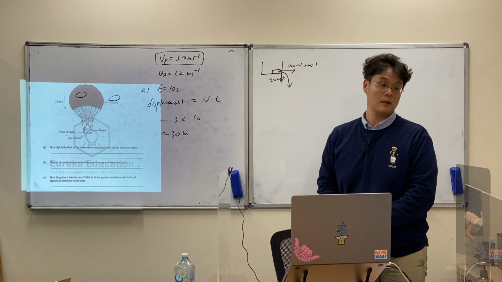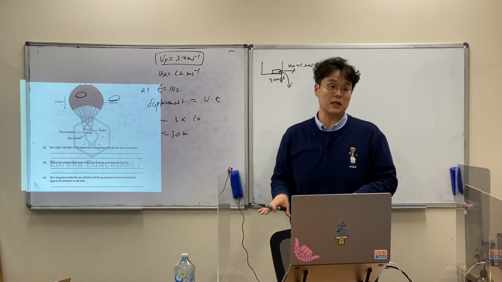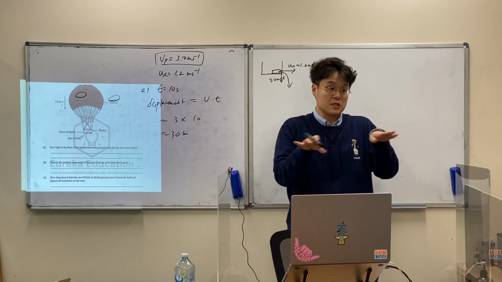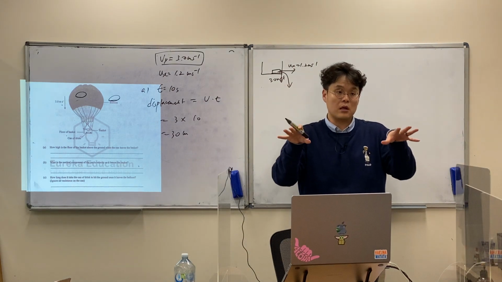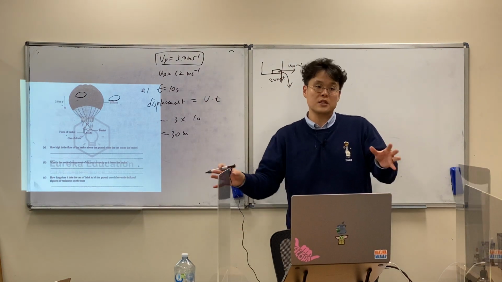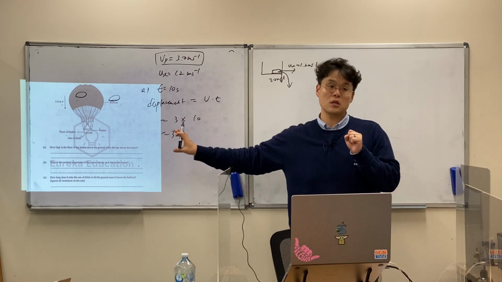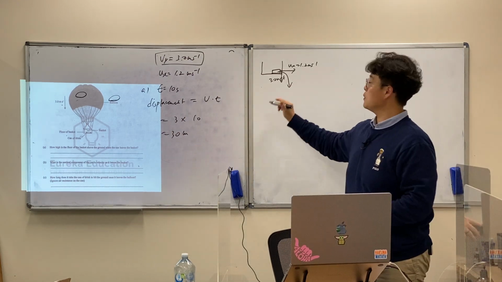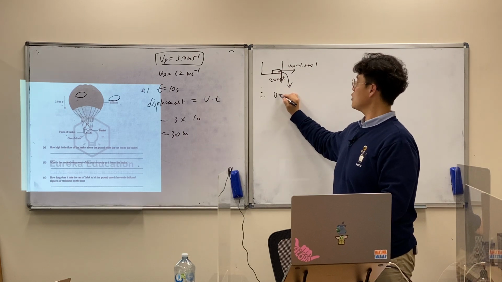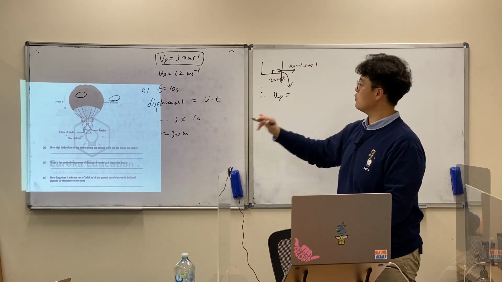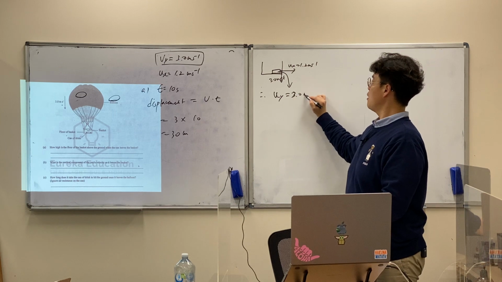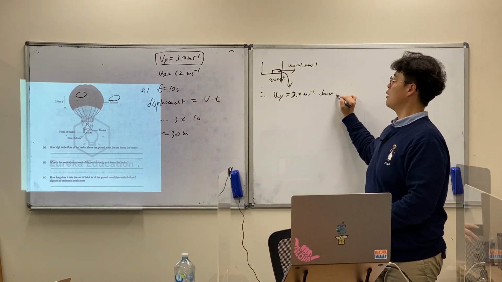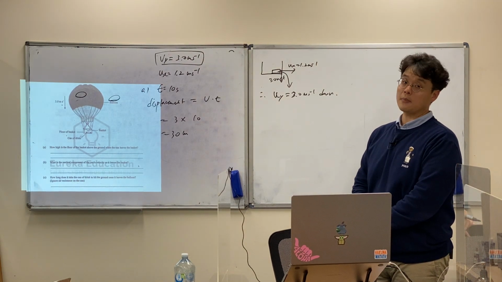The can was actually descending down. It's not like a free fall from a stand here. It was moving down at the same time as falling down too. So it was gaining the velocity of the balloon, which is 3 meters per second down. The vertical component of the can, the Vy of the can, would therefore be 3.0 meters per second down. That's the answer for question B.